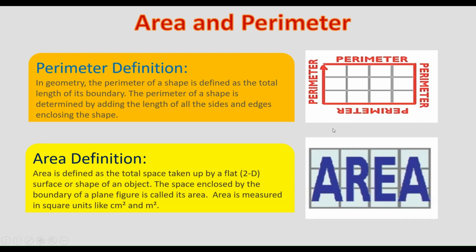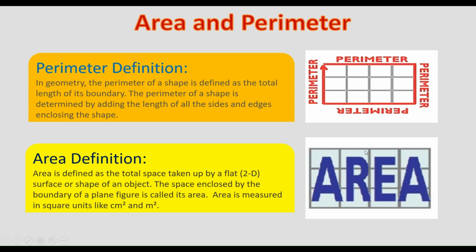Next we will see the definition of area. What is area? Area is nothing but the total space taken up by a flat surface or a shape. This is a shape of an object. See in the picture, this is the shape of a rectangle. The total space, can you see the small rectangles here?